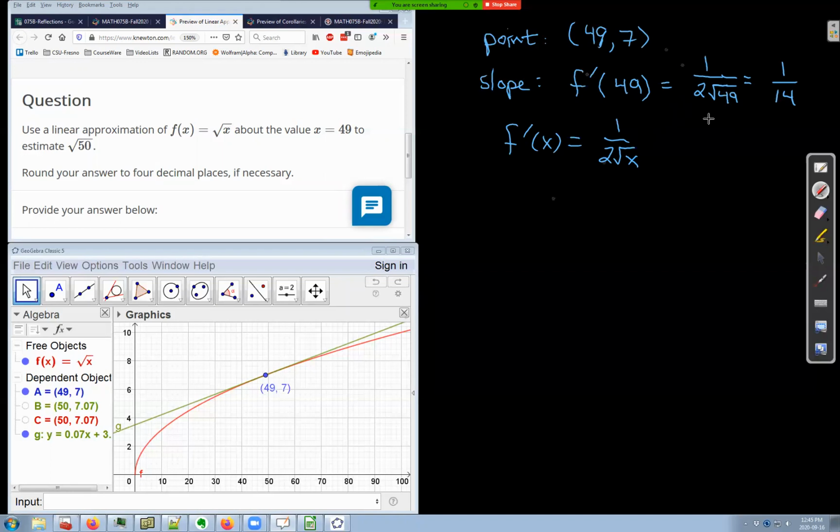So we've got a point on our tangent line, and we've got the slope of our tangent line. So our green tangent line is, let's see, I'm going to write it in point slope form. So y minus 7 is equal to the slope, which is 1 over 14 times x minus 49.